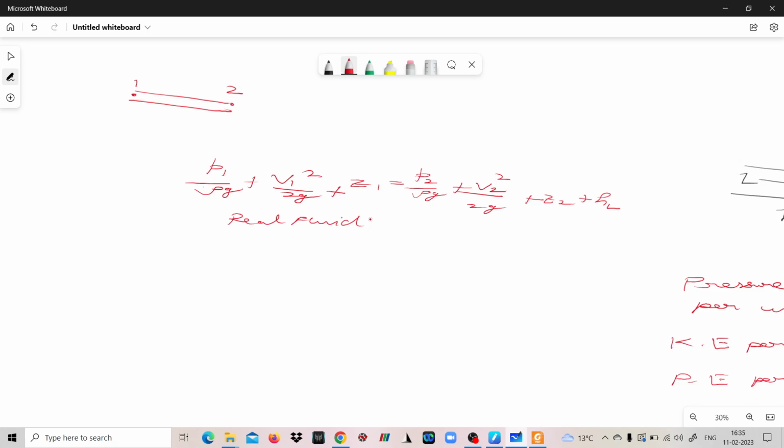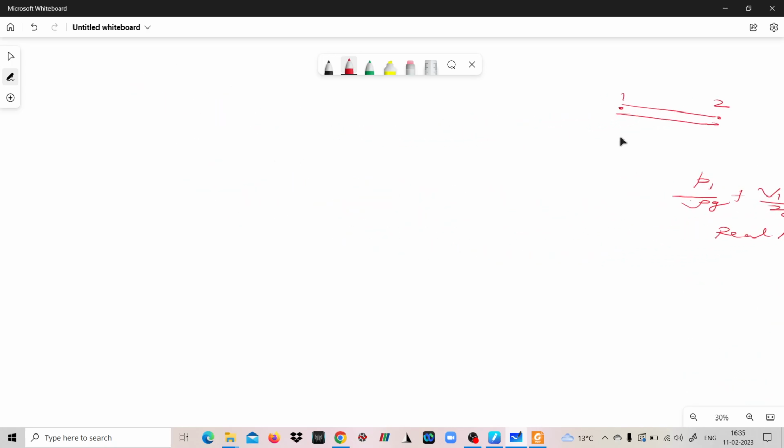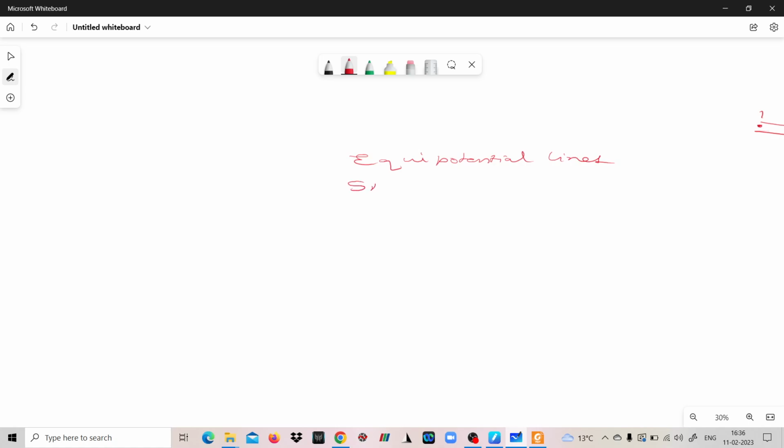Okay, one more important thing about stream function and potential function. You may get a question that asks you to prove that equipotential lines and streamlines are perpendicular to each other.